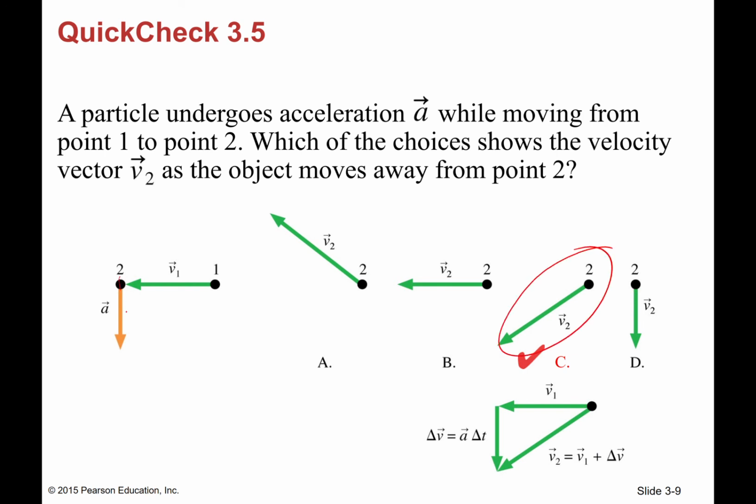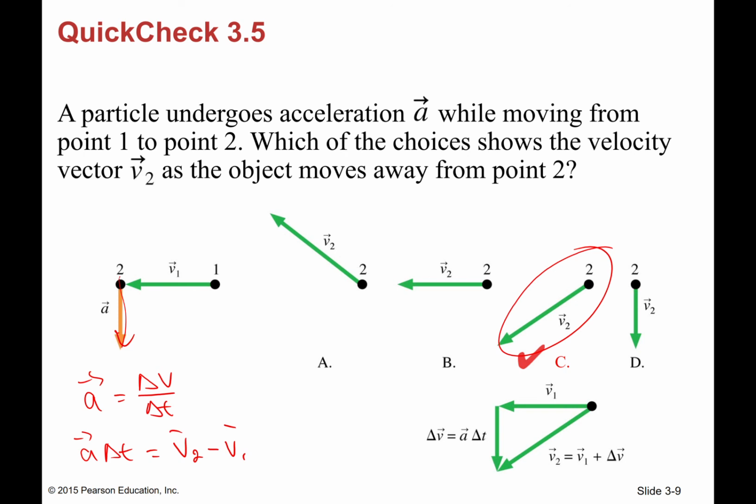Because this is the acceleration vector, which is delta v over delta t. So a is equal to delta v over delta t. So a times delta t, which is a vector times a scalar, is equal to v2 minus v1.